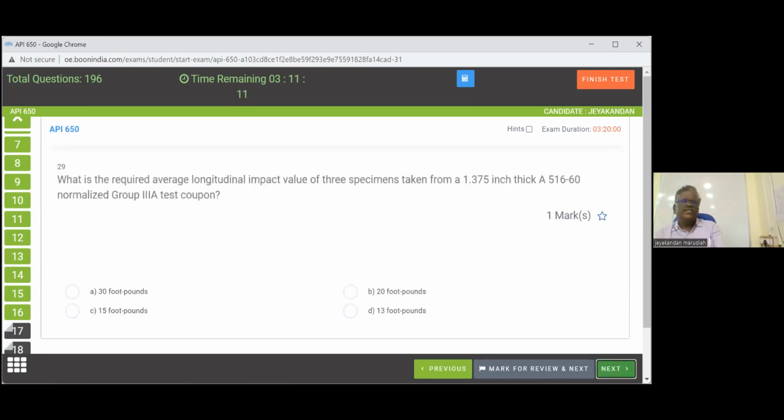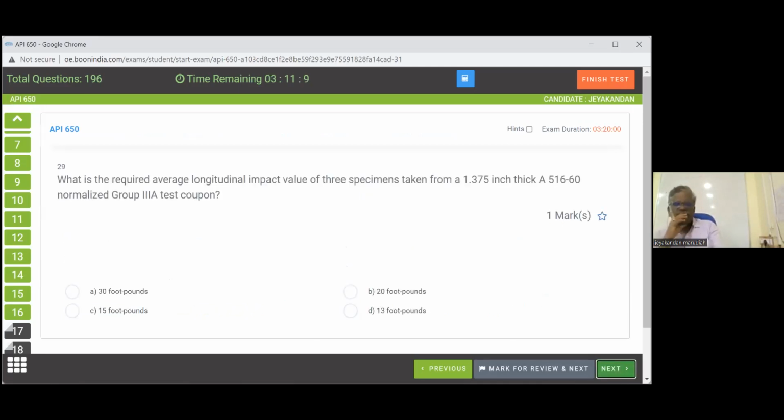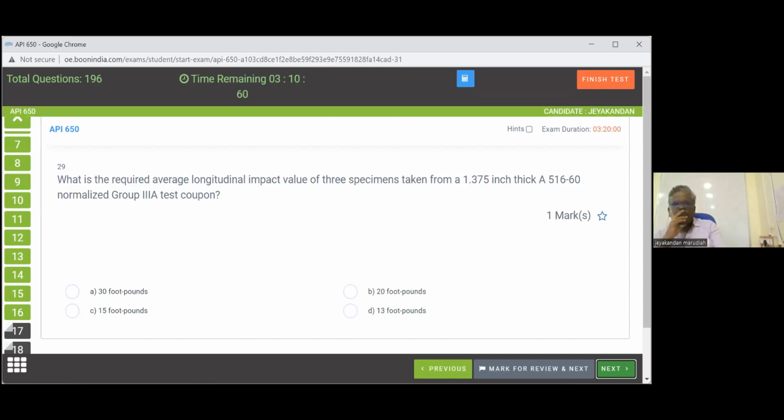Okay. Next. What is the required average longitudinal impact value of three specimens taken from 1.375 inch thickness A516 grade 60 normalized, group 3A material? What should be the longitudinal impact test value? No, you have to refer to the impact test value table, not this table. Impact test value for group 3A, yeah, that page.